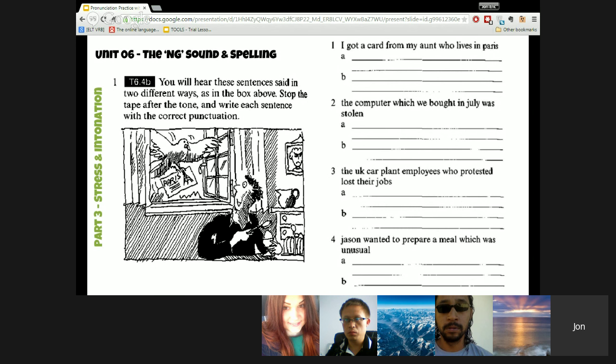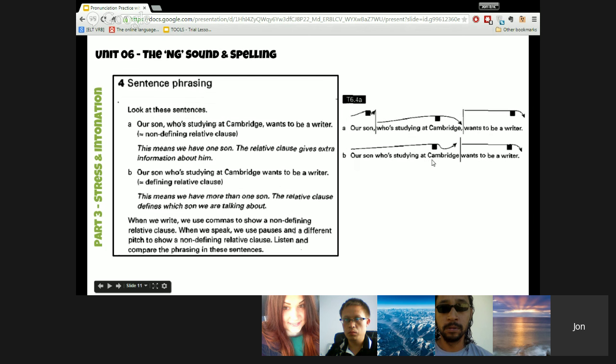Okay. Now, which word are we going to stress more in that sentence? Maybe who? Employees? No, not employees. I'll show you why. Hang on a second. Let's go back for a second. Notice that even though there's no comma in the Cambridge sentence, the stress goes on Cambridge, and then we describe the thing about Cambridge, wants to be a writer.